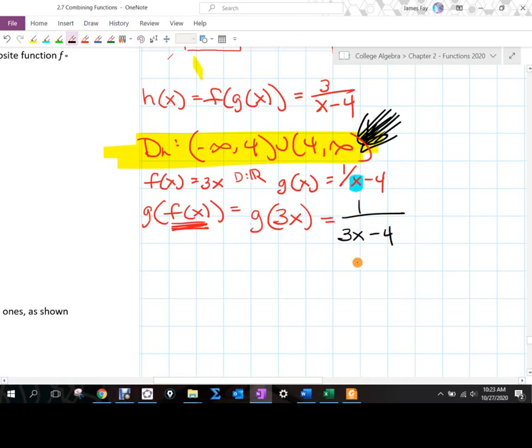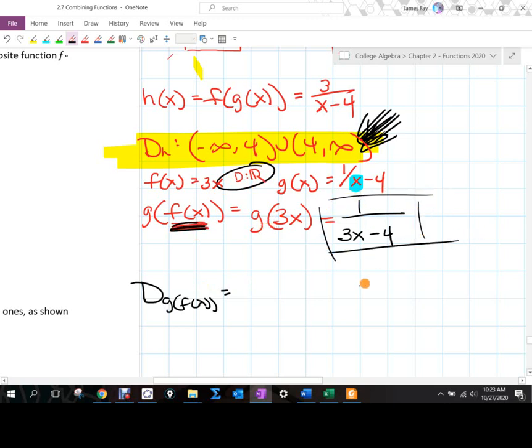So okay with everybody? Now the domain of g of f of x, you start with the domain of this innermost function, which was all real numbers, right? But if this is my new rule, even though I start with all real numbers, what am I not allowed to have? X cannot be 4/3 because that would give me division by 0 in that new rule, right?